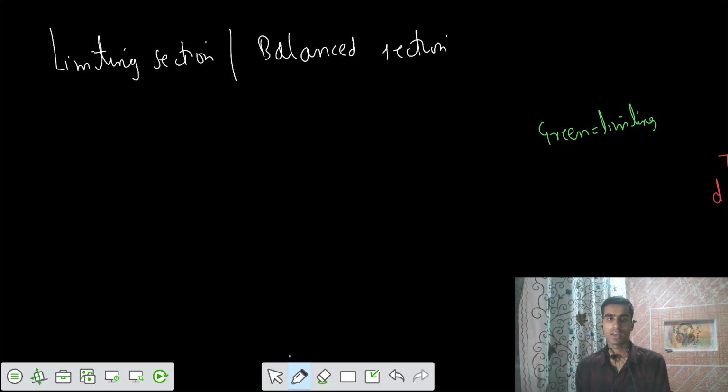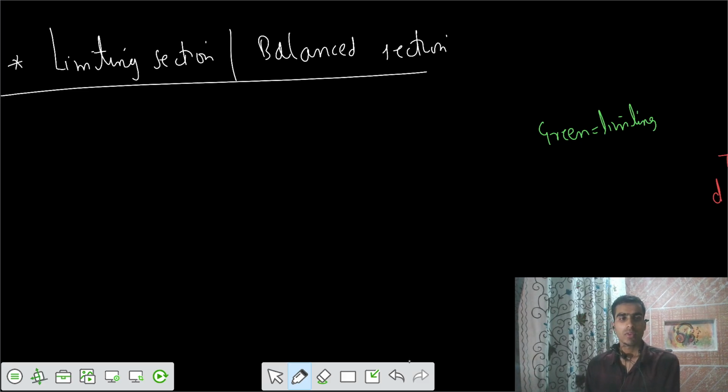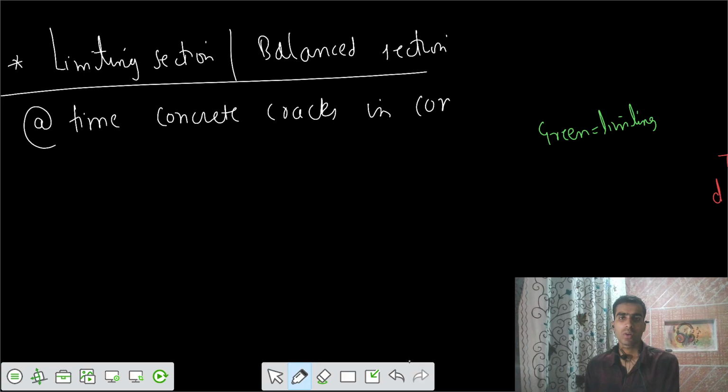Let's try to understand what this means. At the time the concrete cracks in the compression zone, simultaneously at that time your steel should also yield.